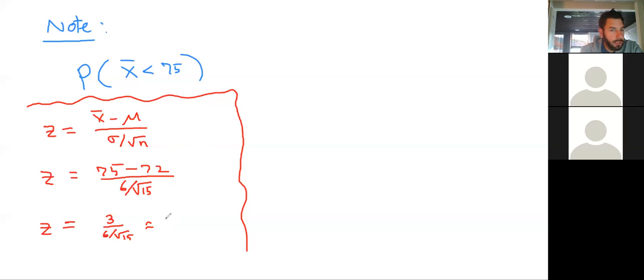you end up getting that z is 1.94. So that means that the probability that X bar is less than 75 is the exact same thing as the probability that Z is less than 1.94.